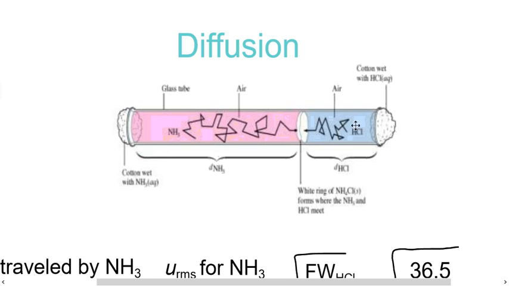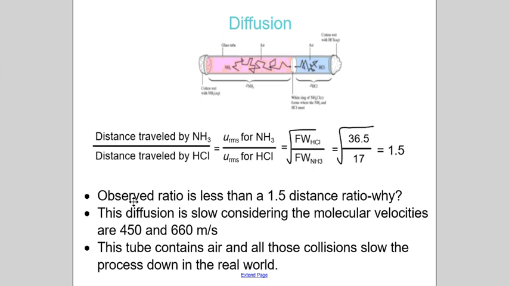There's air in both these containers, which is colliding, so it's going to take some of that energy change. It will slow these particles down slightly, so you don't exactly see what you would expect. So the reason why the observed rate is less than theoretical is simply because of real world conditions.